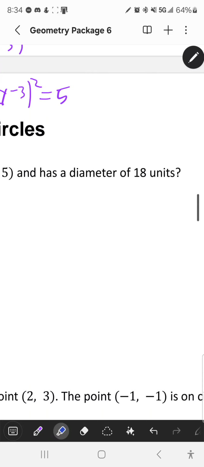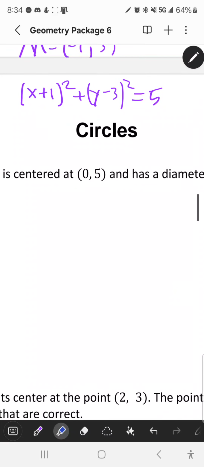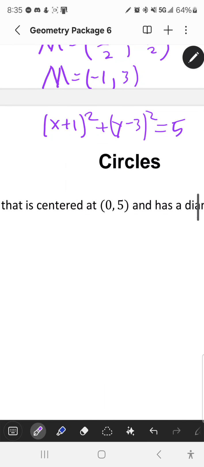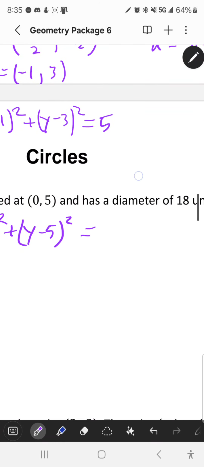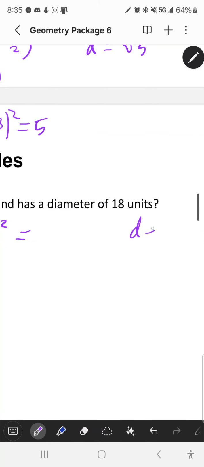Now, what is the equation of the circle? The center is at 0, 5, so we say x minus 0 squared plus y minus 5 squared. And the diameter is 18, so the radius is half of that, which is 9.